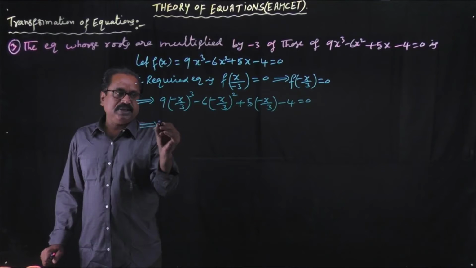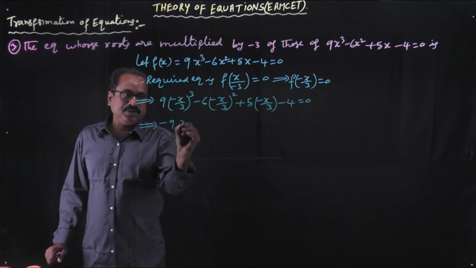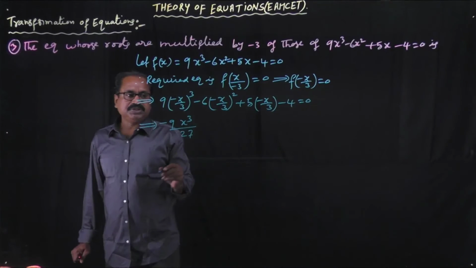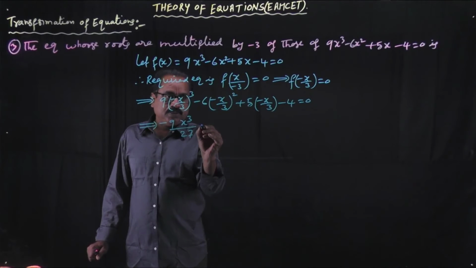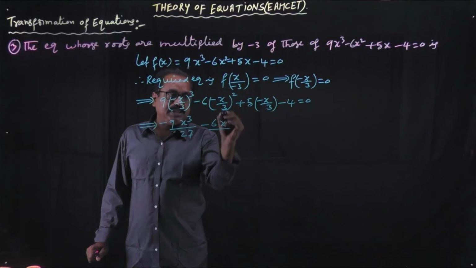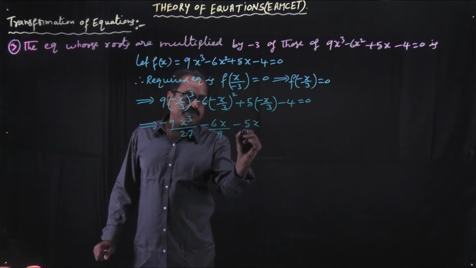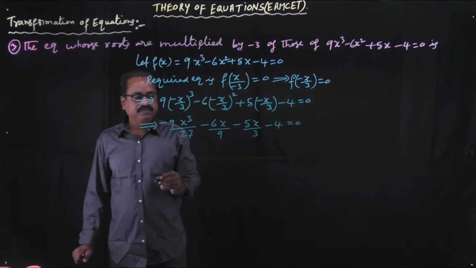So this implies (minus x) whole cube is minus, so minus 9 into x cube by 3 cube, that is 27; (minus x) whole square is plus, so minus 6x square by 3 square, that is 9, minus 5x by 3 minus 4 is equal to 0.